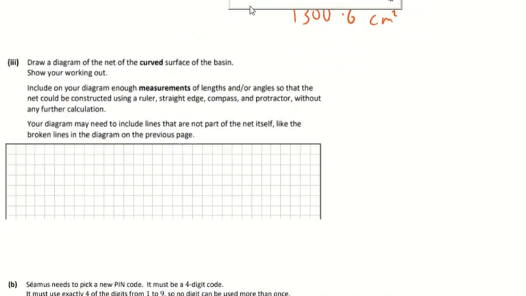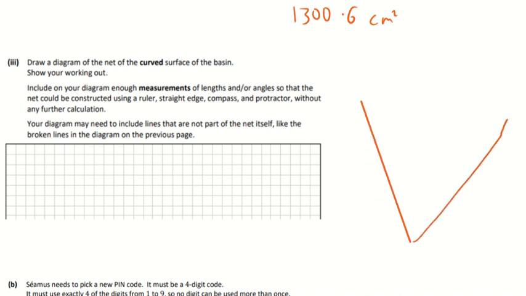Right, so next part of the question, it's a different type of question. So that's just to draw the net of the diagram. So if you open out the basin, it'll be something like this.